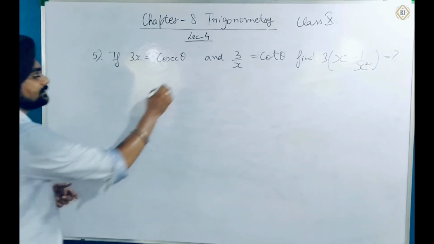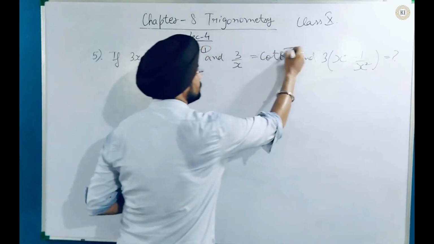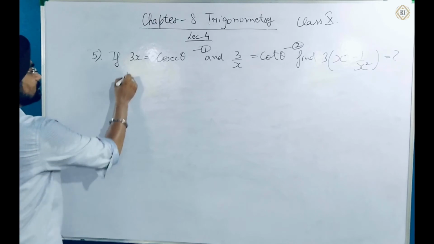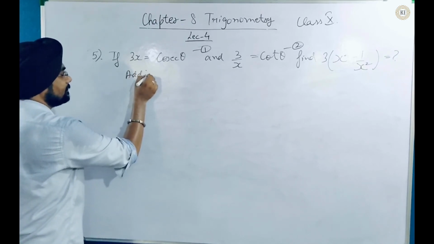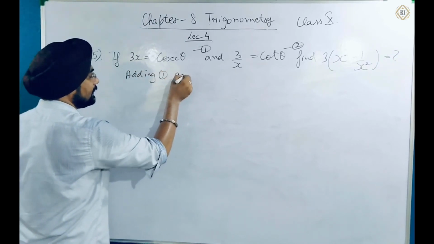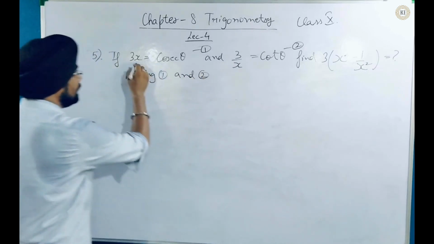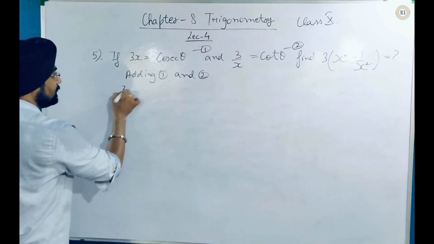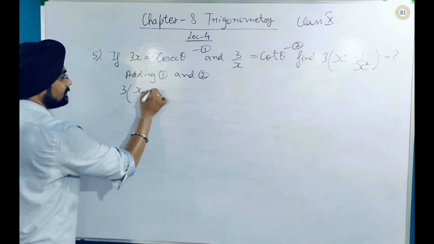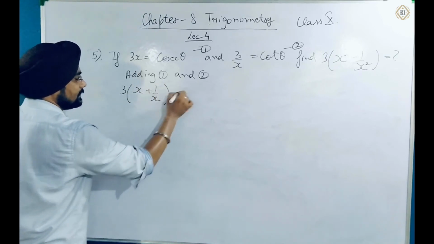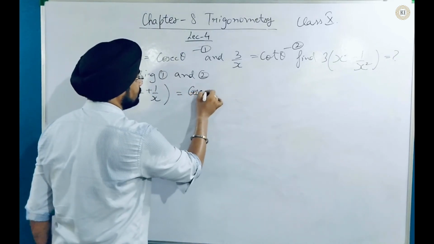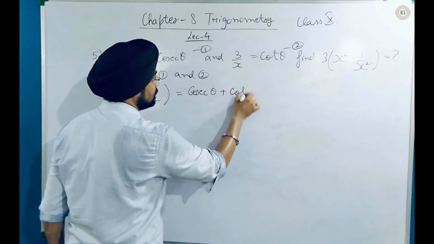Again the same thing. This is equation number 1, this is our equation number 2. First of all we will add both the equations. So adding 1 and 2, we get 3x plus 3 upon x. So 3 we take outside as common. Inside the bracket we get x plus 1 by x is equal to cosec theta plus cot theta.